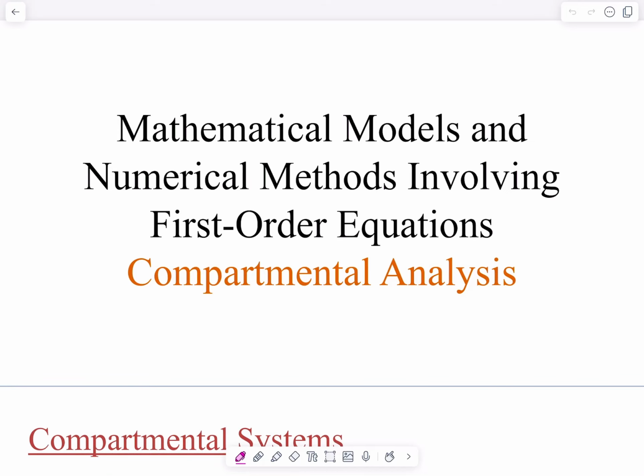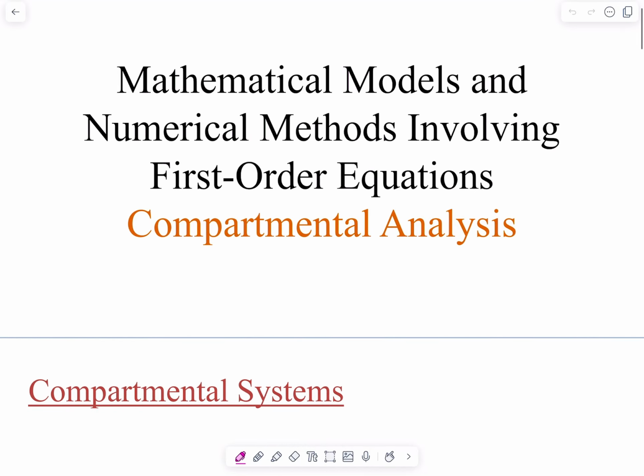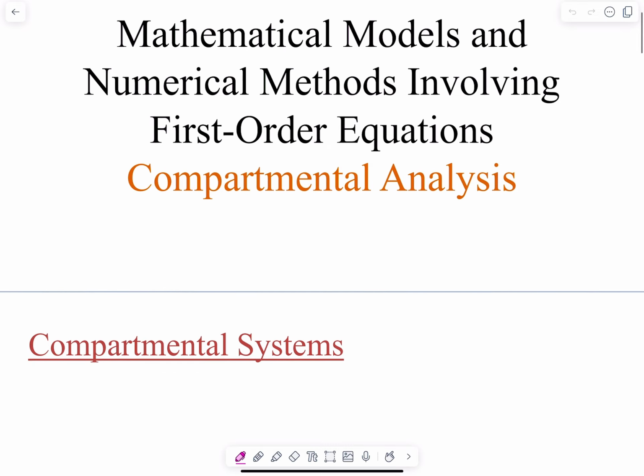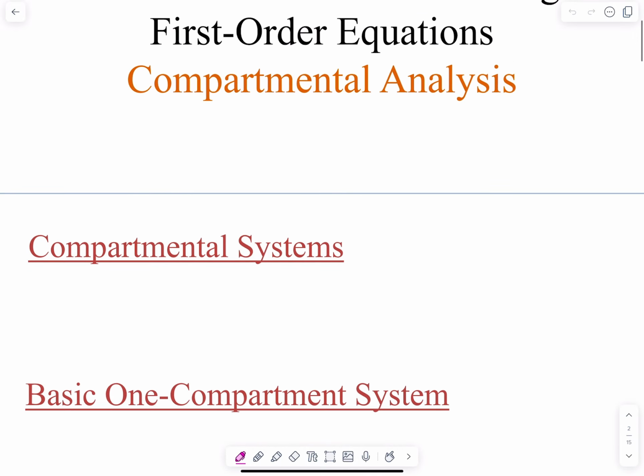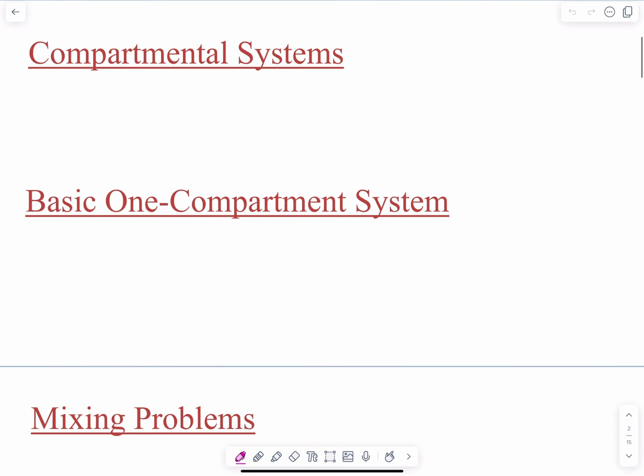This is mathematical models and numerical methods involving first-order equations, and in this video we will be talking about compartmental analysis. And let's begin with compartmental systems.